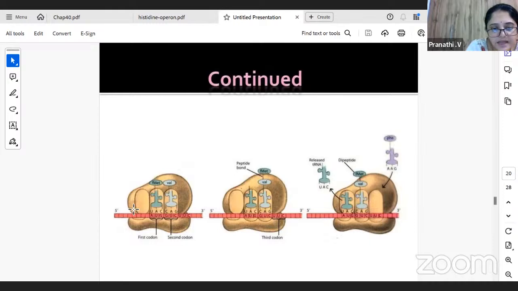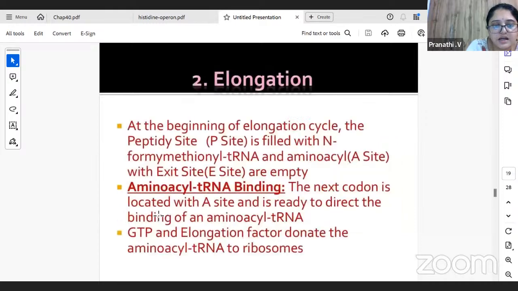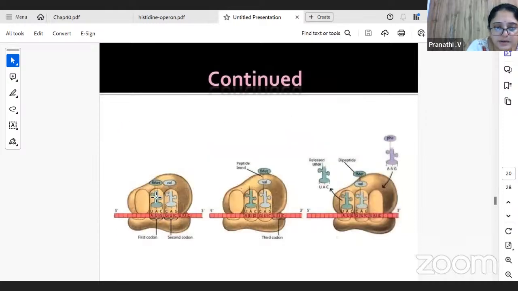So when the active ribosome complex is present, first your P site, the peptidyl site, is going to be filled with the anticodon tRNA for the respective initiation we are talking about. So AUG, the UAC anticodon has come and occupies the P site.